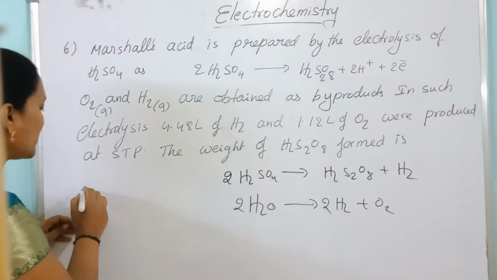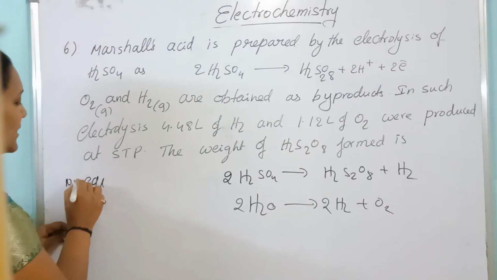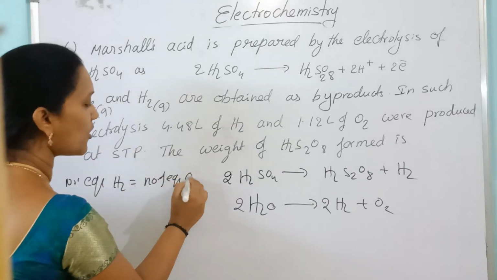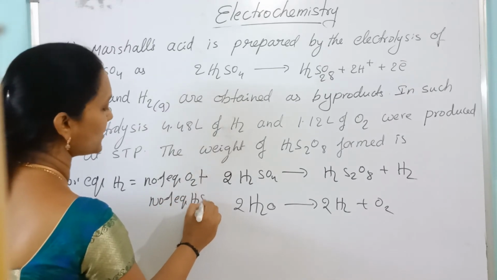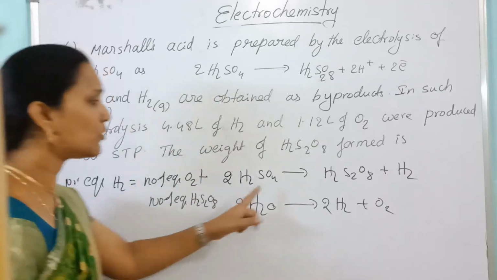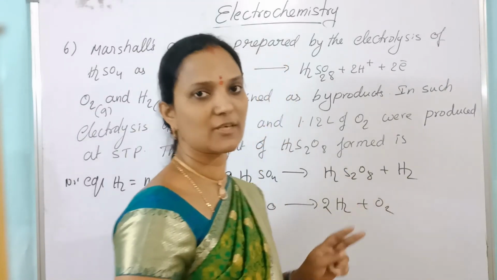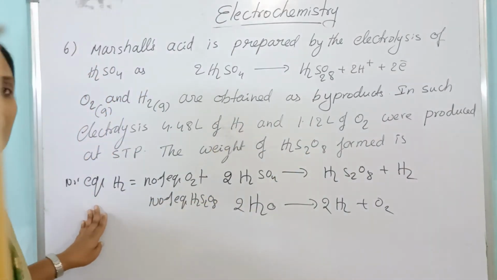So here we have to use equivalents: the number of equivalents of hydrogen is equal to the number of equivalents of oxygen plus the number of equivalents of H2S2O8. In only this reaction, the number of moles of H2 is equal to the number of moles of Marshall's acid, but oxygen is also mentioned, no? That's why we have to use equivalents.